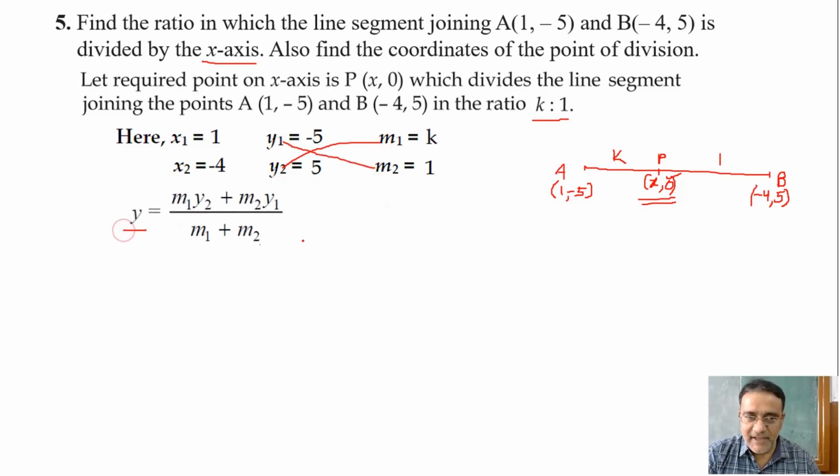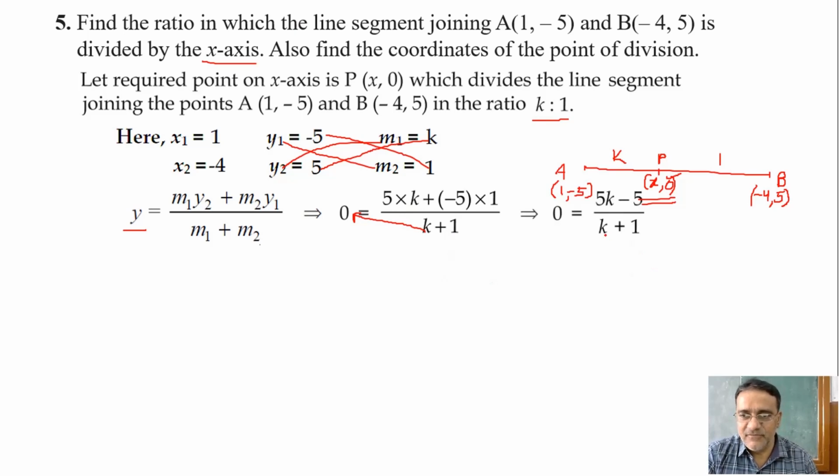The value of y is 0, and this we will get 5 into k plus minus 5 into 1 upon k plus 1. Now if you multiply 0 with k plus 1, that will become 0. And what we are going to get? एक स्टेप और लिख लेते हैं, 5k minus 5 upon k plus 1. फिर क्रॉस मल्टीप्लाई करो. If you cross multiply, you will get 5k minus 5 is equals to 0. So what is the value of k?